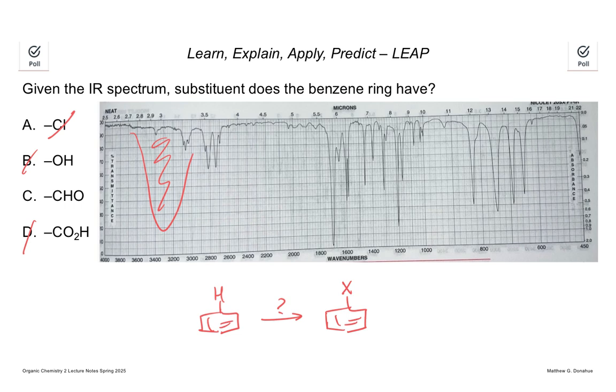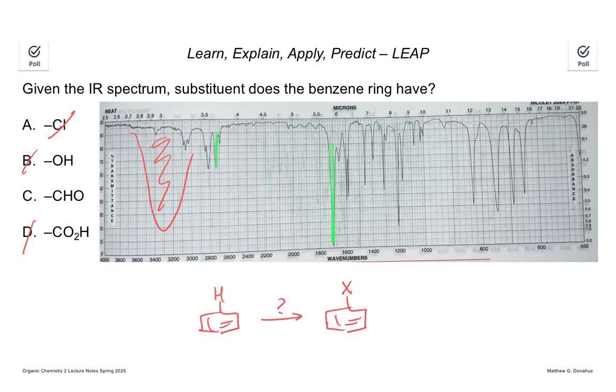And really what we're focused on now is this. So that's a carbonyl. And then of the available choices, it can't be the acid because there's no OH.